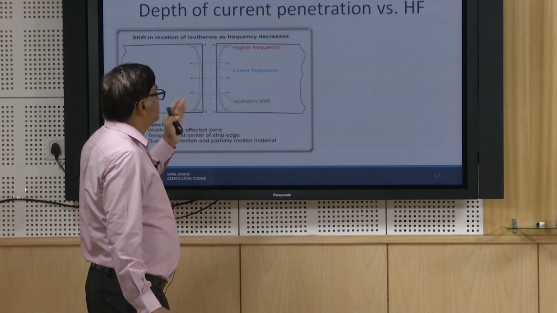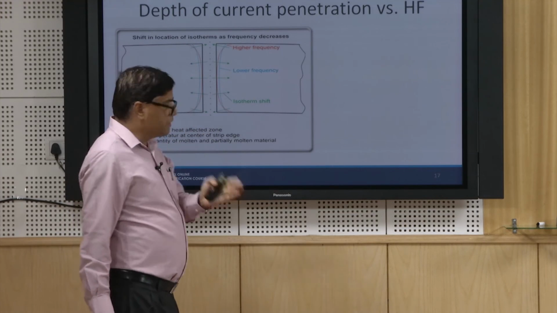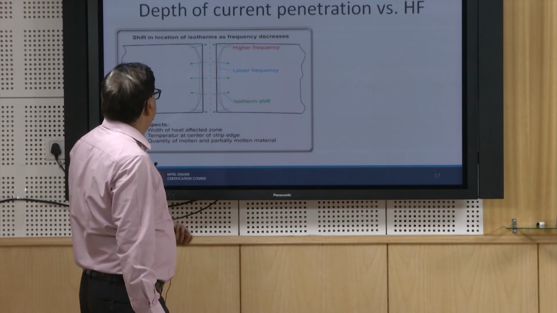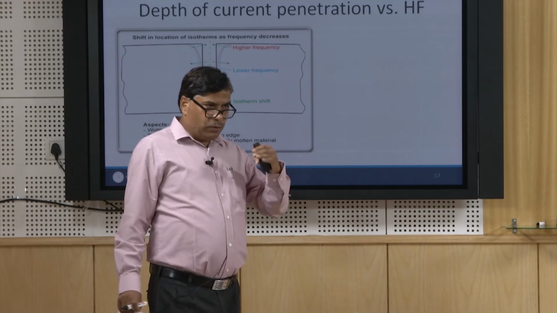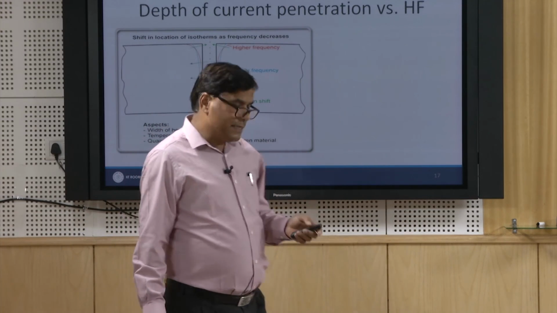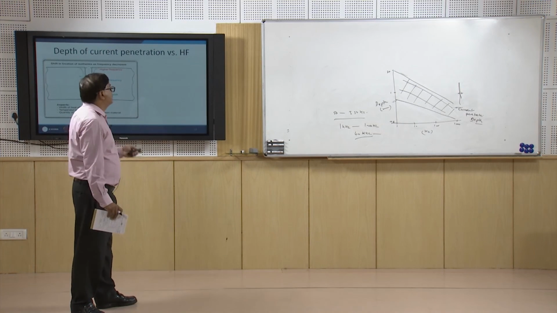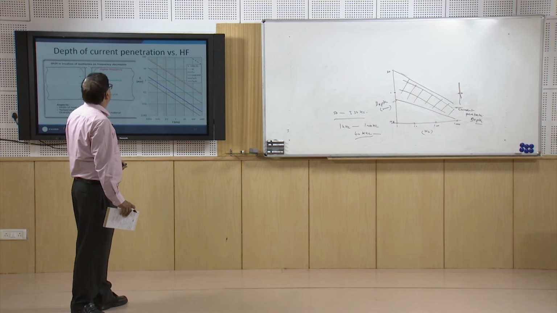And because the current is limited over a narrow area, the heat affected zone width is very small, and accordingly the quality of the weld is better as compared to what we have observed in the conventional spot welding process.